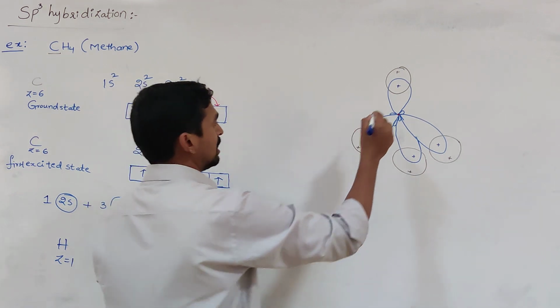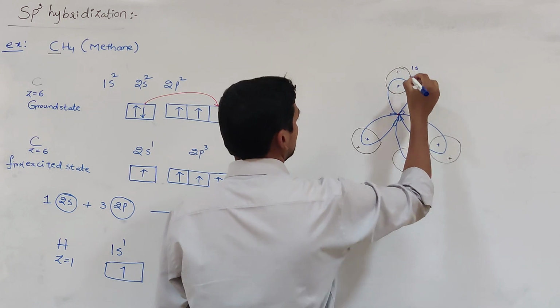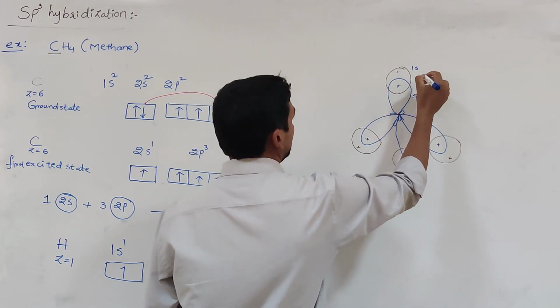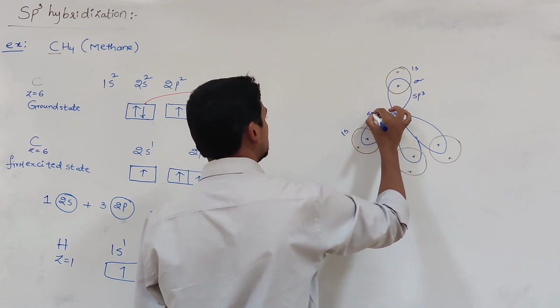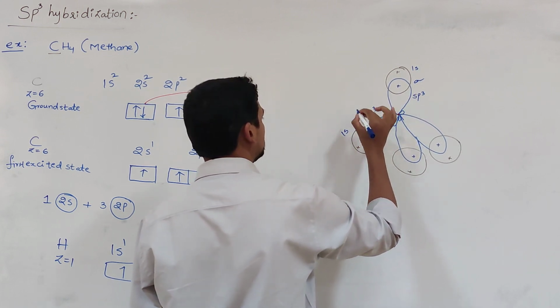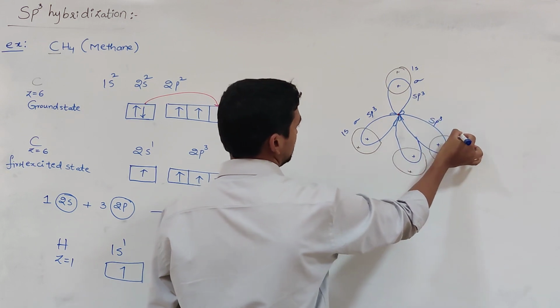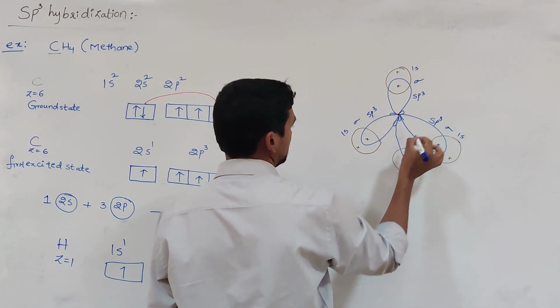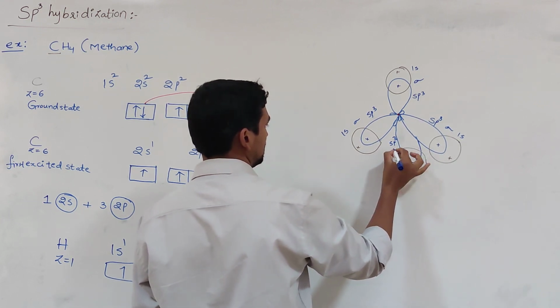All the 4 sigma bonds are formed by overlap between sp3 and 1s orbitals. This is the 1s, this is the sp3 hybrid orbital, which results in the sp3-1s sigma bond.